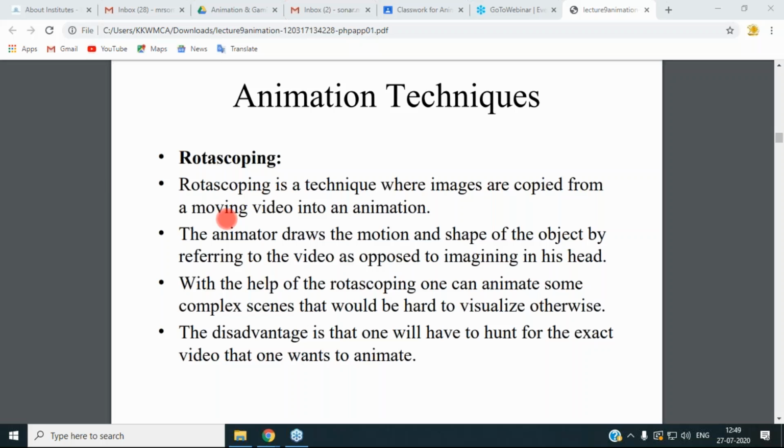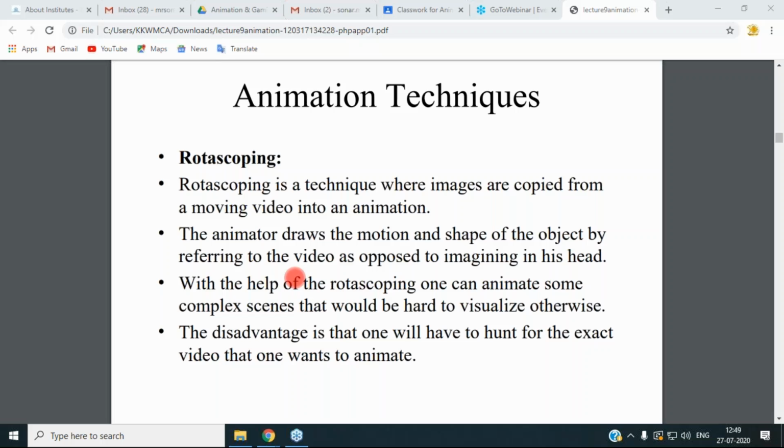The animator draws the motion and the shape of the object by referring to the video, as opposed to imagining it in his head. So here he is referring to the videos, how the motion is, rather than what we see in the keyframe technique or tweening, where we are drawing the frames on our own.